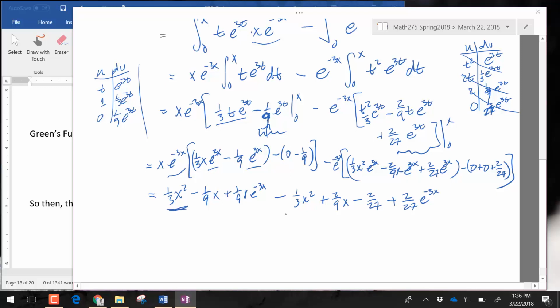So a couple more things I think would go away. So these are gone. Can we add this? This is just 1/9. And then the constants, there's only one constant term.